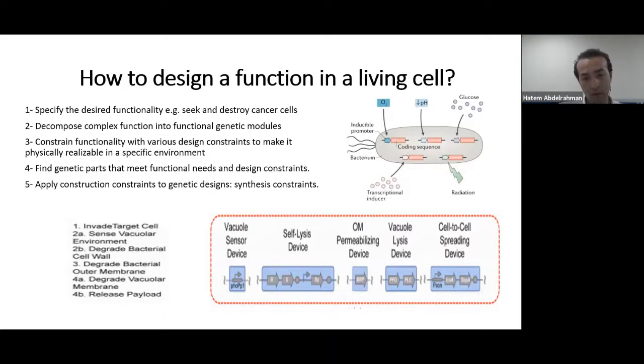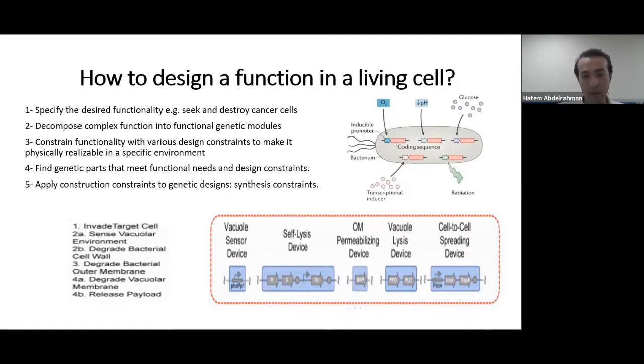So, for example, in our case, for a bacteria invasion system, you have these functional modules. You need a bacteria that can sense, that can first fuse into the cancer cell, into the plasma membrane, and sense the vacuole condition, because it will be in endocytosis into the vacuole.